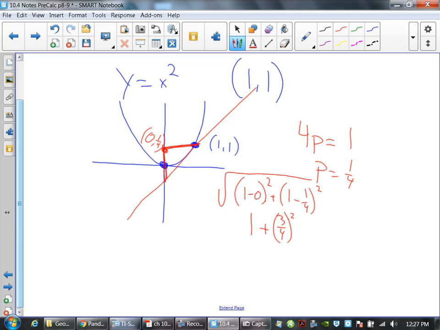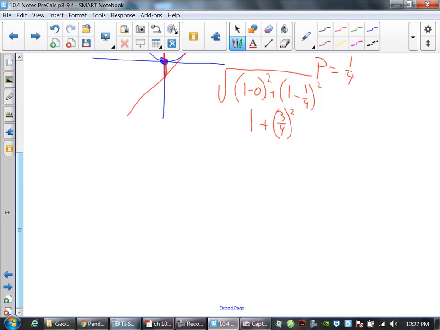You okay with that so far? So when I do this, my fraction becomes 9/16. Everybody okay with that? What's 1 plus 9/16? Very good. I get the square root then of 25/16, otherwise known as 5/4.